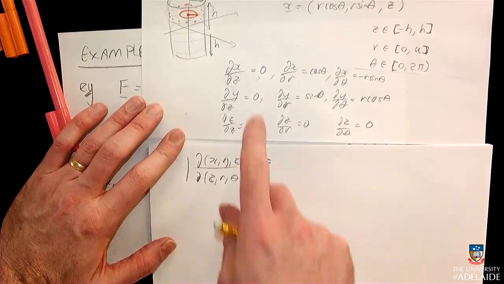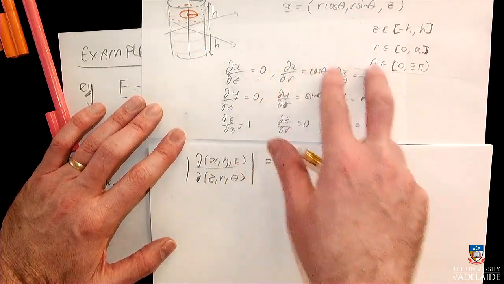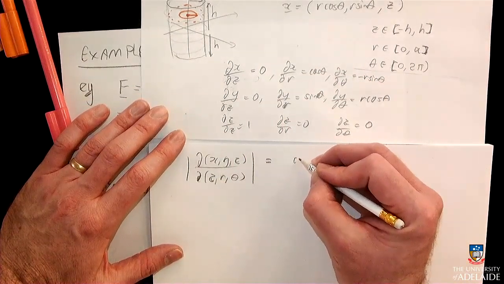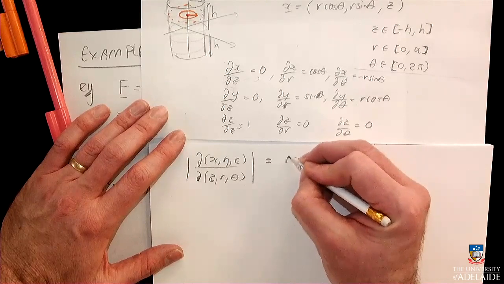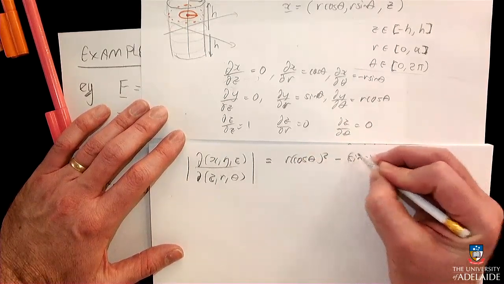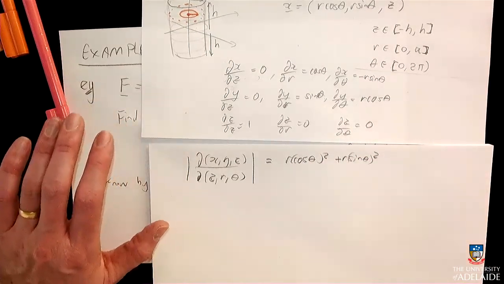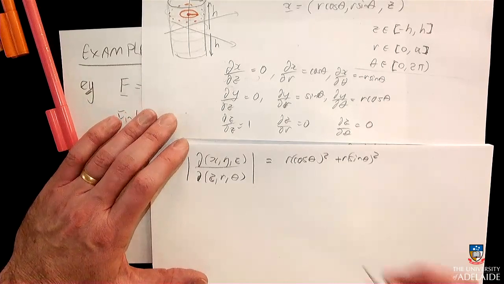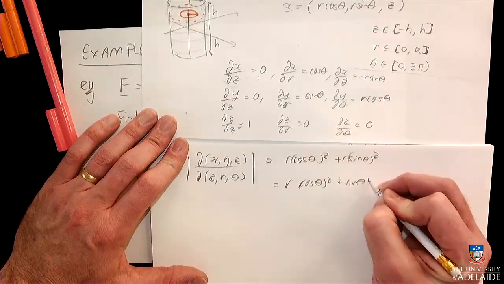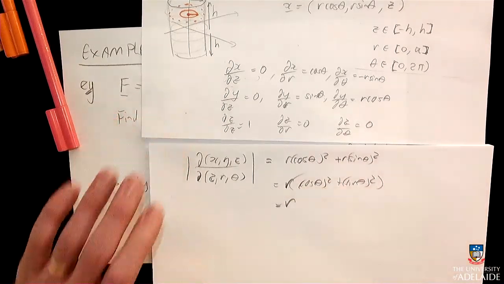If I expand around the first column, I get the determinant of this bit here. So I get cos theta times r cos theta minus sine theta times minus r sine theta. Oh, cool, cos squared plus sine squared is 1. So I've got just r. Convenient.